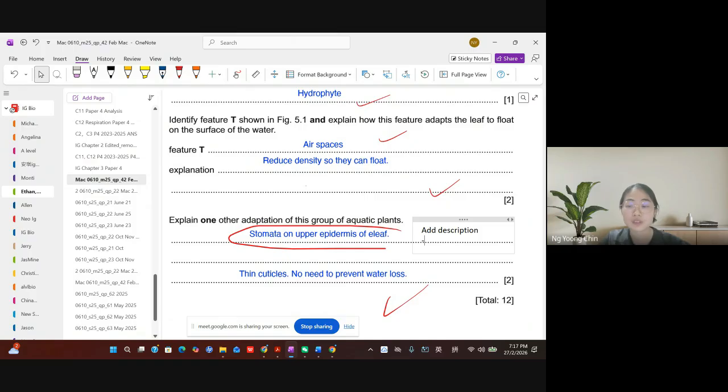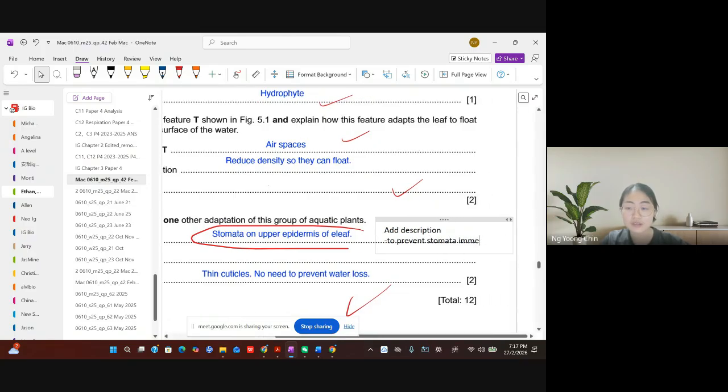Because this is to prevent, you can add the description: to prevent the stomata from being immersed in the water. So what happens if the stomata are immersed in the water?